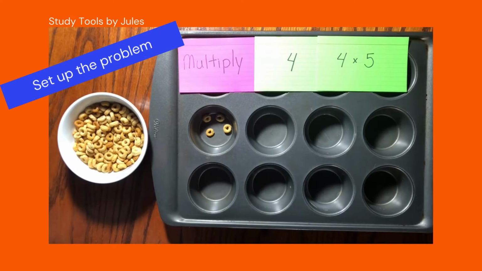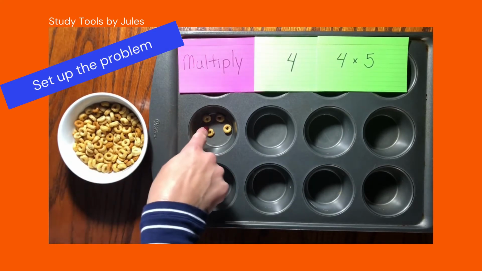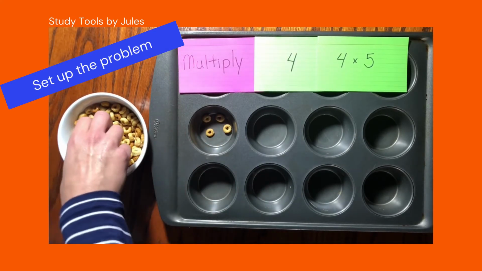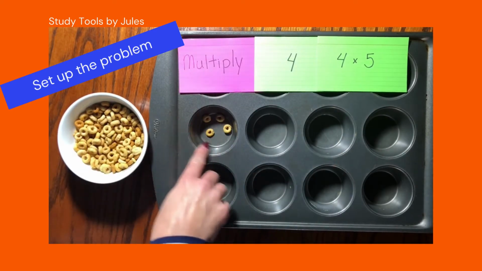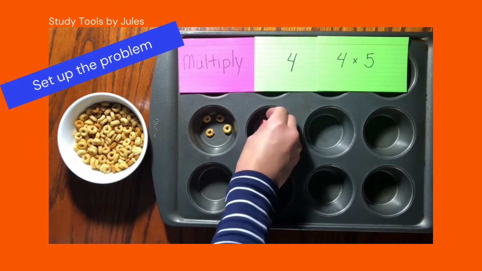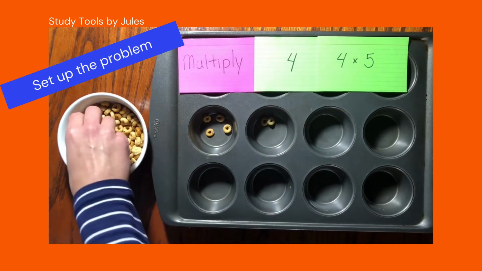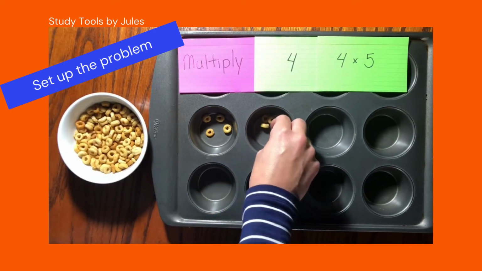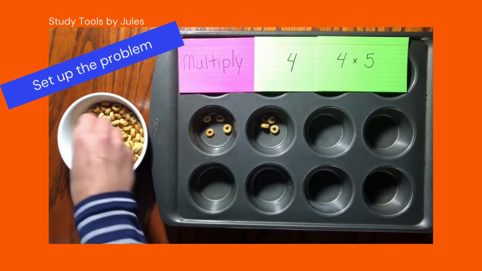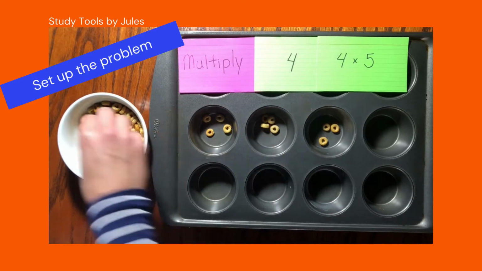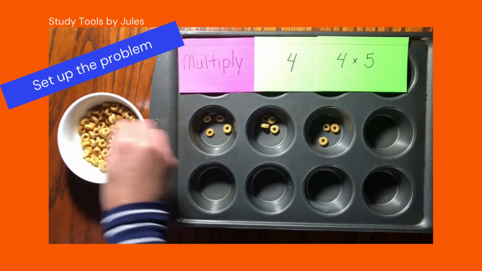4 times 5. So that means we have 4 pieces of food. We're going to have 5 groups of that. So I have 1 well of the muffin tin. I'm going to add 4 pieces to a second well. And then I need to make a third group of 4.